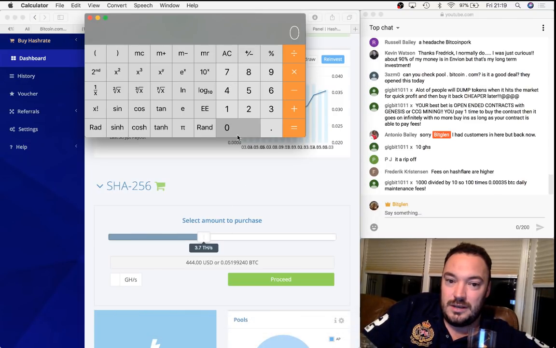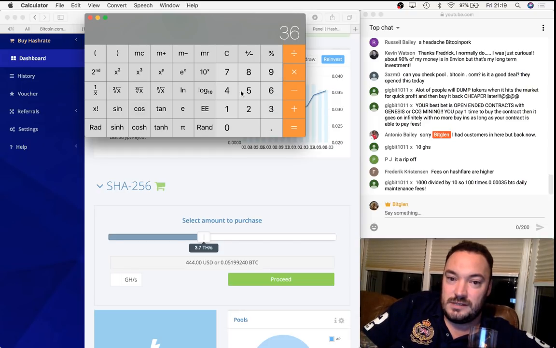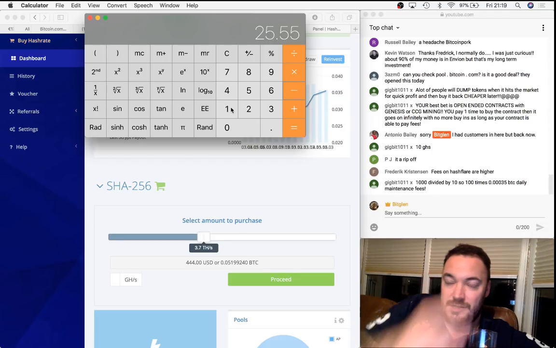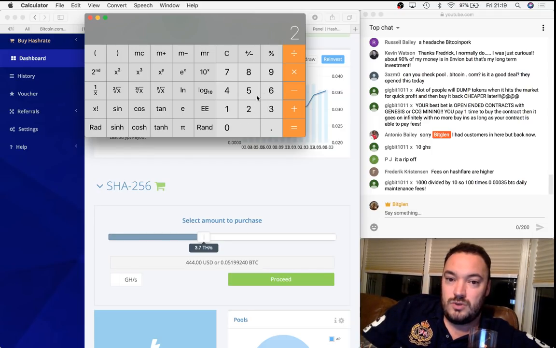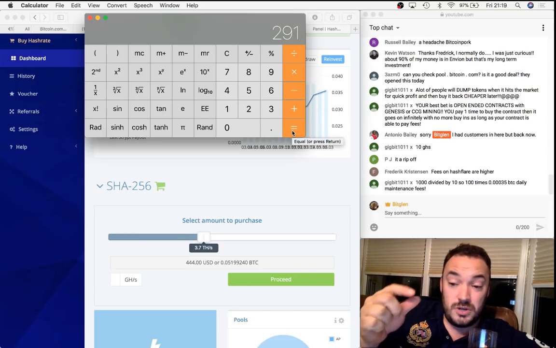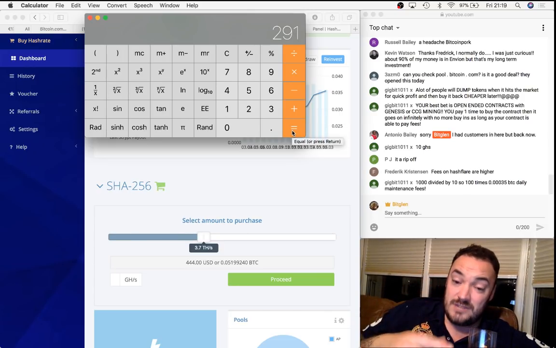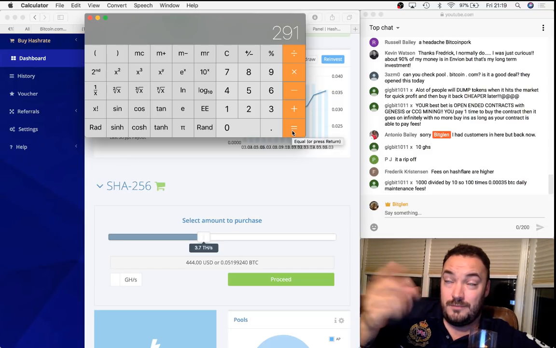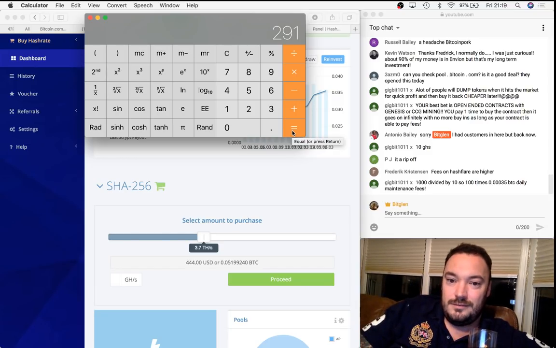So if you did 0.07 times 365, is that the right amount of days in a year? It works out over the whole year $25 more expensive to use Hashflare, whereas you've got a minus off, say, $291 more, because it's $399 per terahash, whereas Hashflare at the minute is 108.